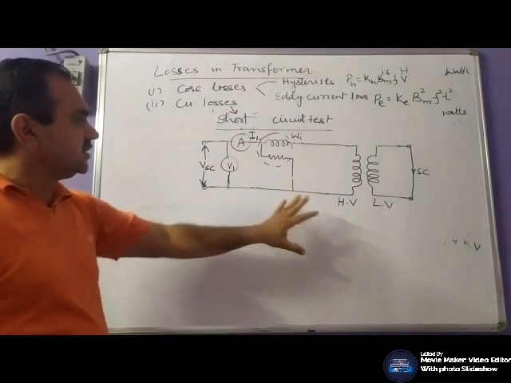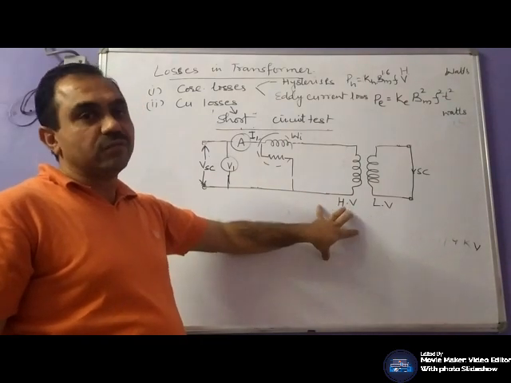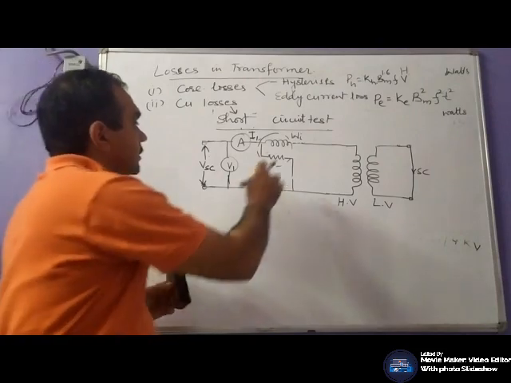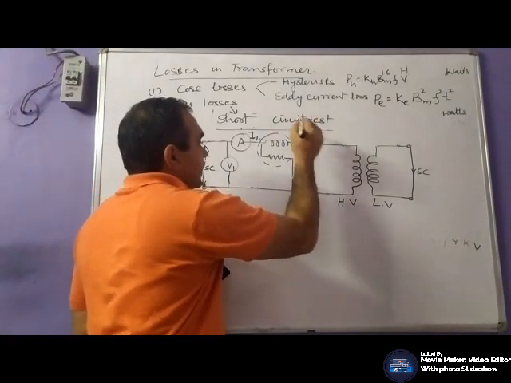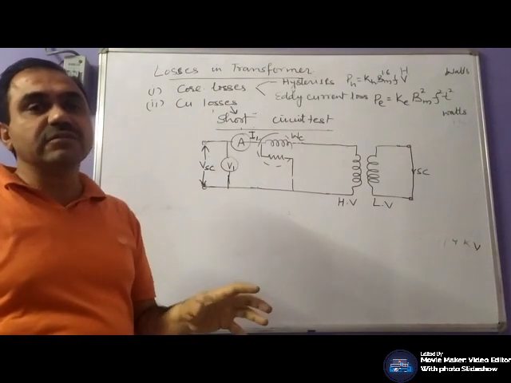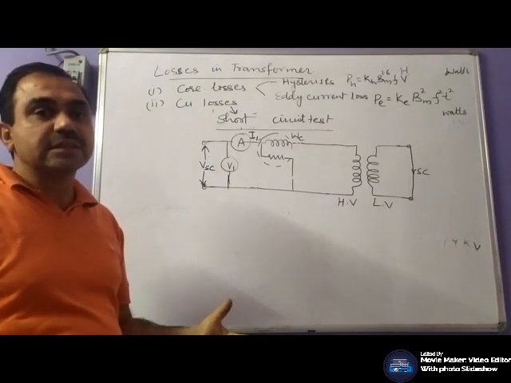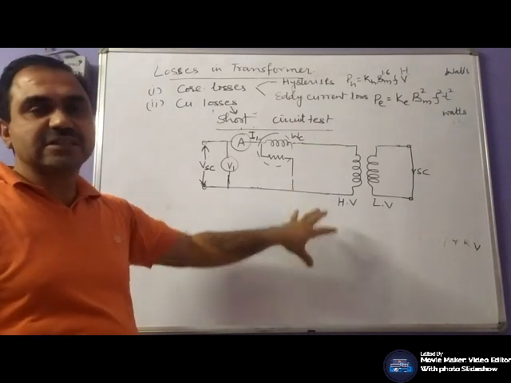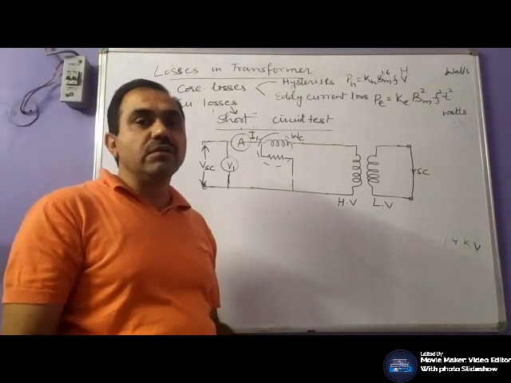That's why this test is being performed on the high voltage side, and this wattmeter will give the reading of copper losses, because the voltage is low, so the magnetization of the core would be low. Hence, eddy current and hysteresis losses would be low.